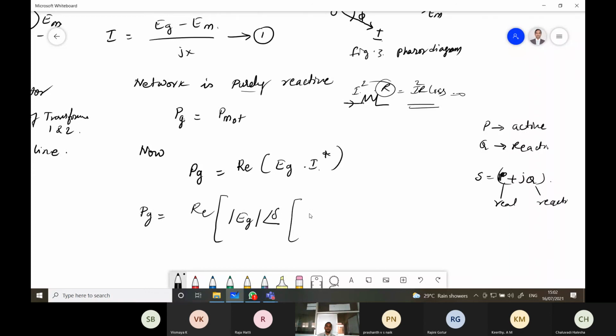For Eg the angle is delta, Em has angle 0, so Eg at angle delta minus Em at angle 0 degree, divided by X. j can be represented by 90 degrees, so X at an angle of 90 degrees. So I is there, and the I conjugate is to be taken.